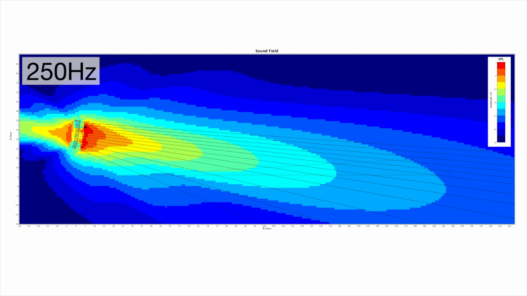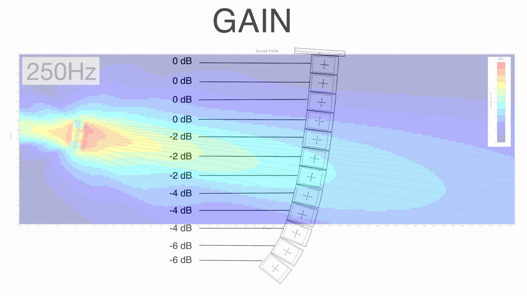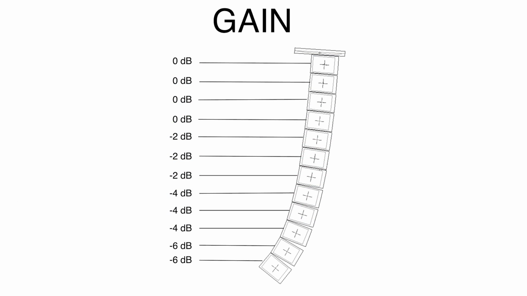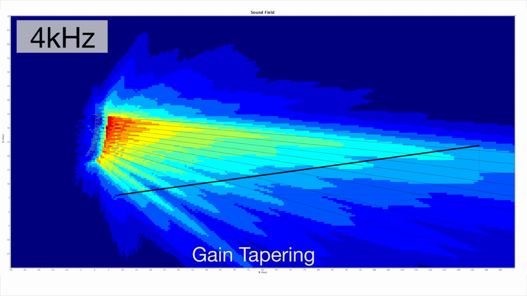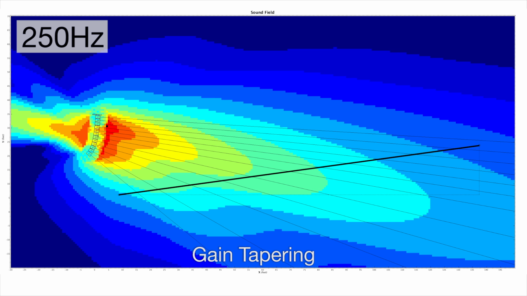Let's first try amplitude tapering. We can turn down the level of the lower cabinets in the array. This will strongly affect the HF shaping, but only minimally affect the LF shape.